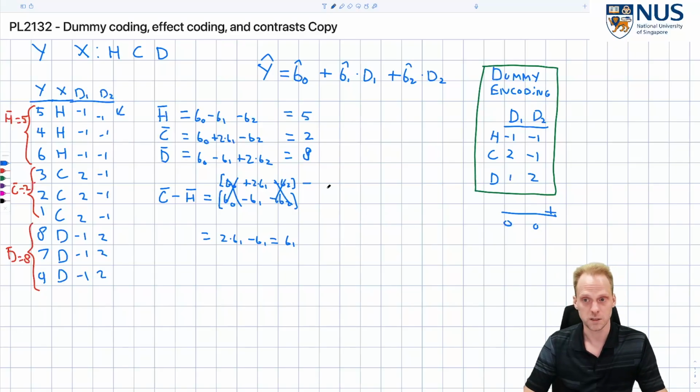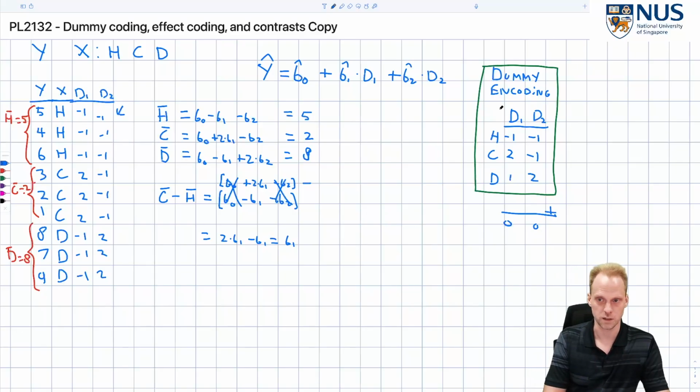So that means that the effect encoding here, the first contrast, is the same as we had before. It's minus 1, 1, 0. The difference between cats and dogs, or cats minus dogs.